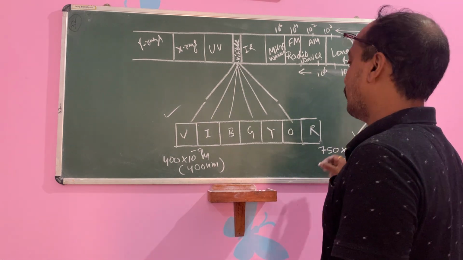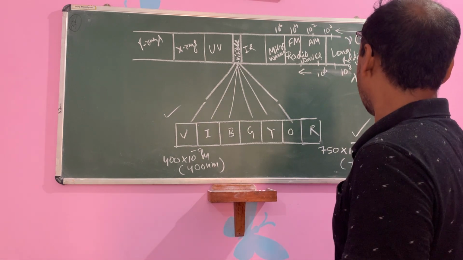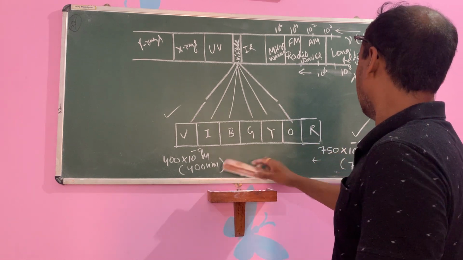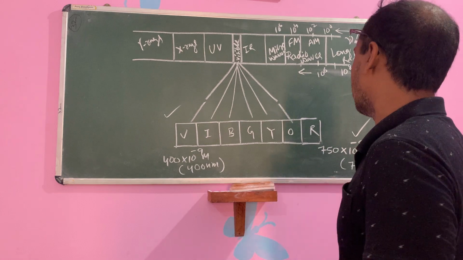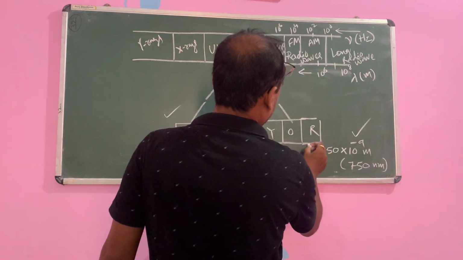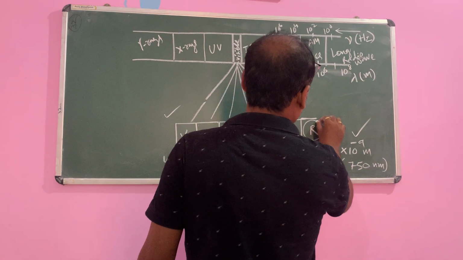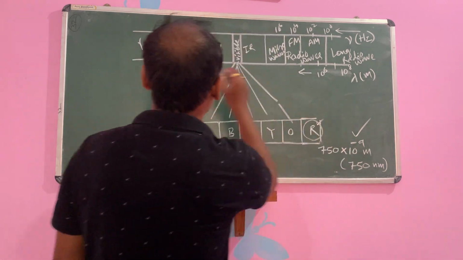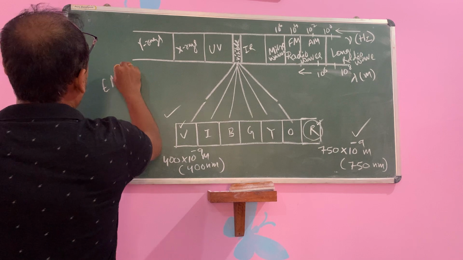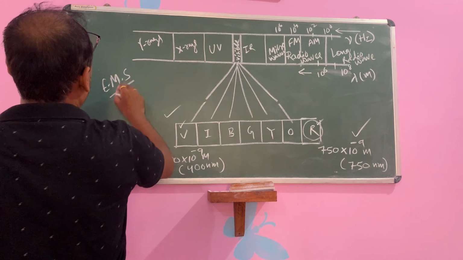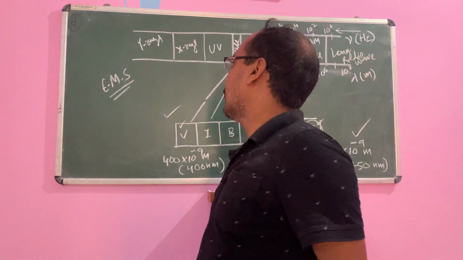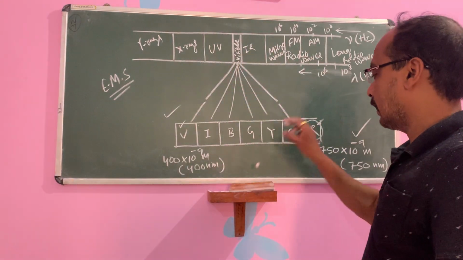Sorry, wavelength decreasing from red to violet. Red has larger wavelength, violet has small wavelength. This is known as the electromagnetic spectrum of electromagnetic radiation.